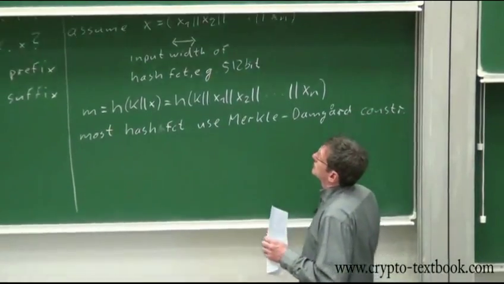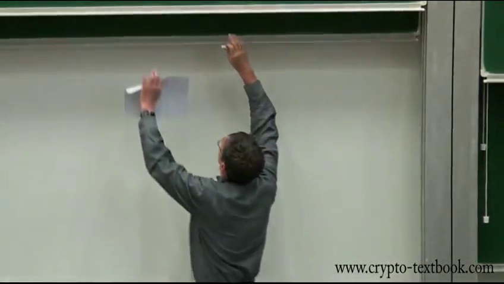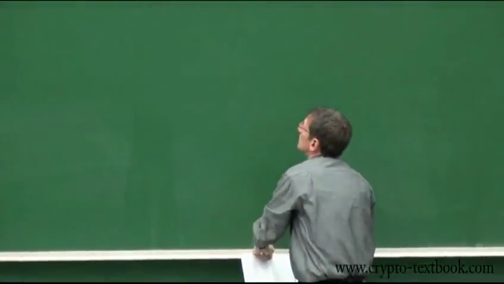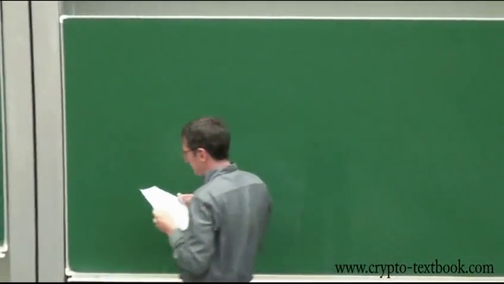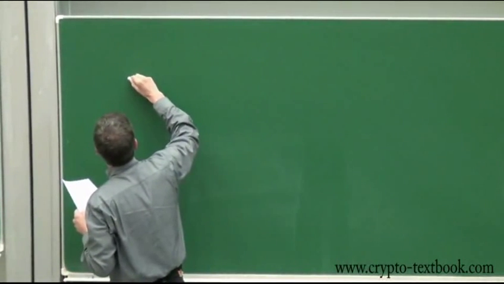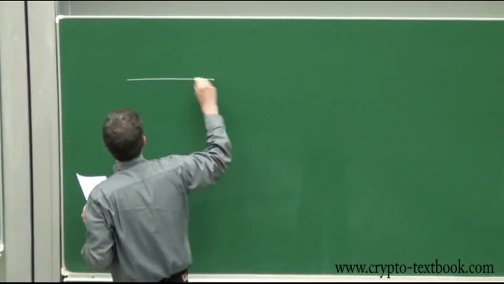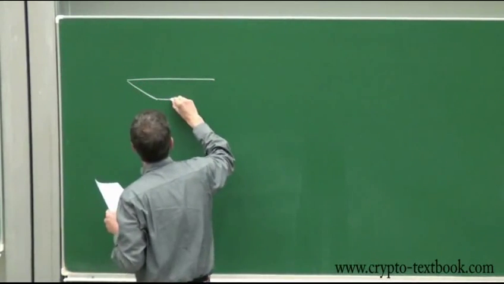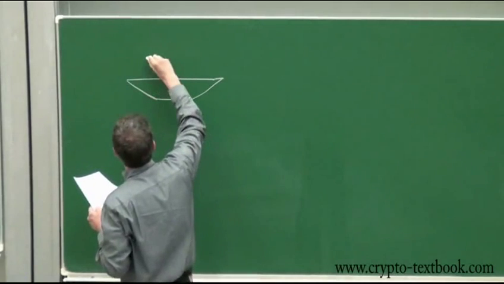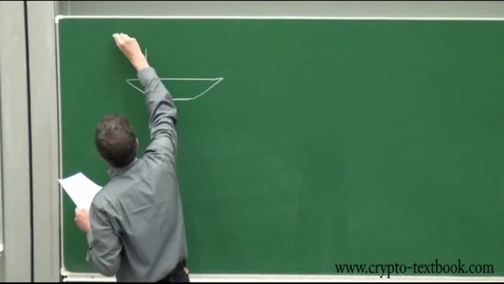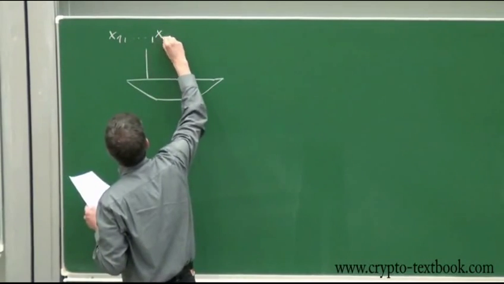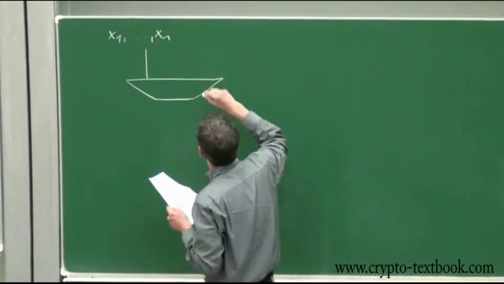Okay, now we have to switch to the next board. Merkle-Damgård means we have the compression function here. We feed in X1 up to Xn.